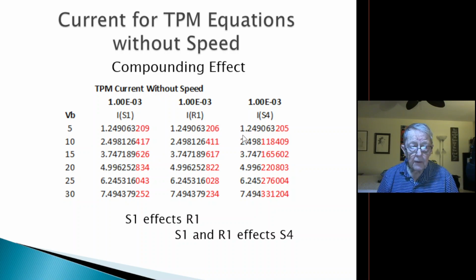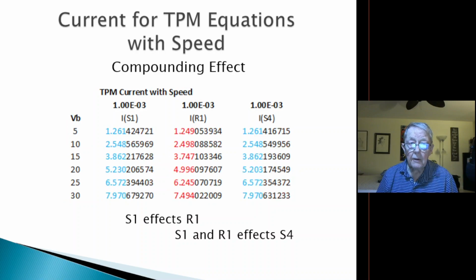It's a very little difference when you're at 5 volts, but clearly when you get up to 30 volts, you've got a significant difference between the two, but still, this is higher, then lower, then lower. Nothing strange. It's exactly what I have been saying for the 5 years I've been doing this. But here's the one with speed.